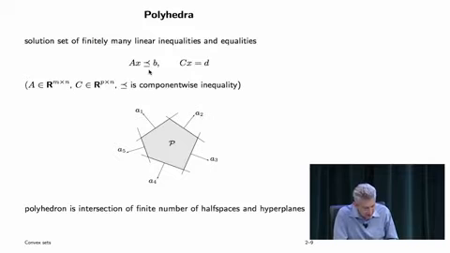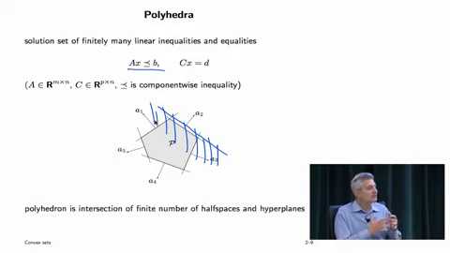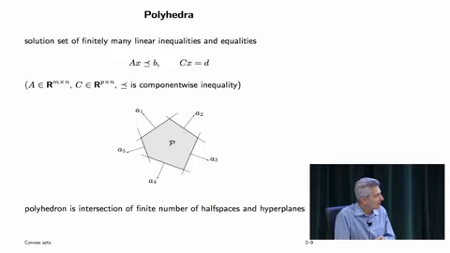The second row of this inequality gives you all the points that are over here. And if you take the intersection, what you end up with is this shaded set. So that's defined to be a polyhedron, and the plural is polyhedra.